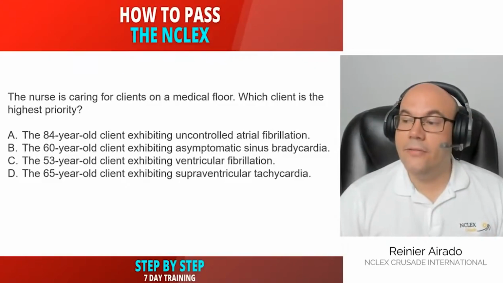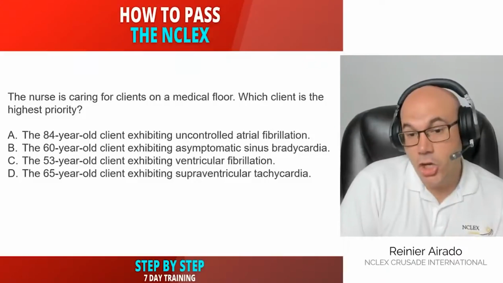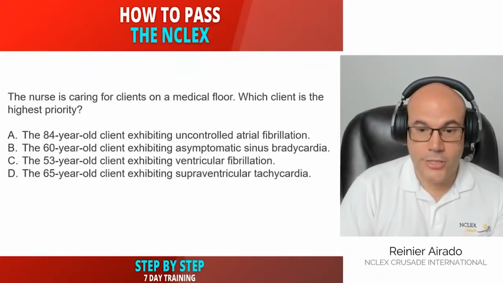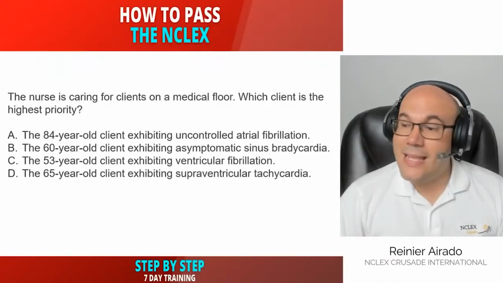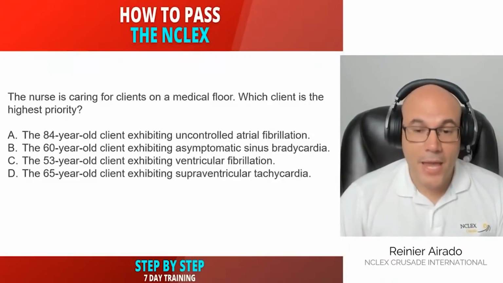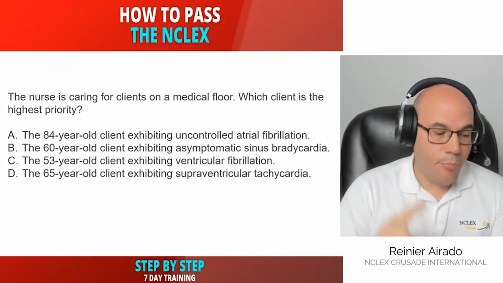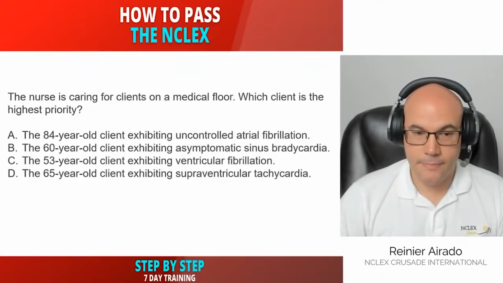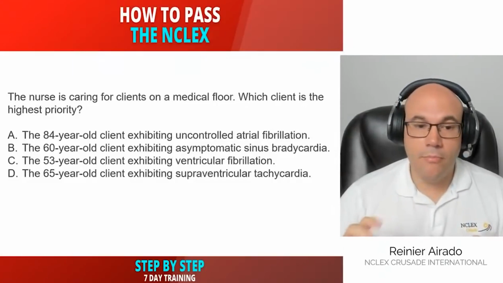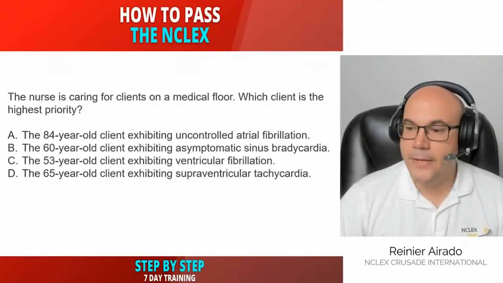I try to identify if there is a patient that has an acute condition versus a chronic condition. I try to identify if there is a patient that has some kind of airway, breathing, circulation compromise. So as I review my answers, I try to think about that.